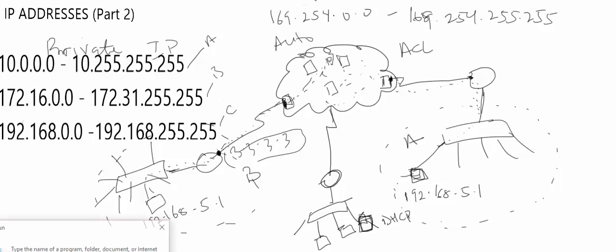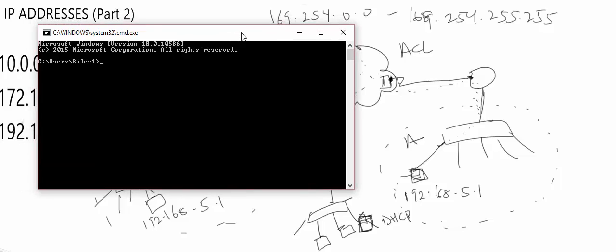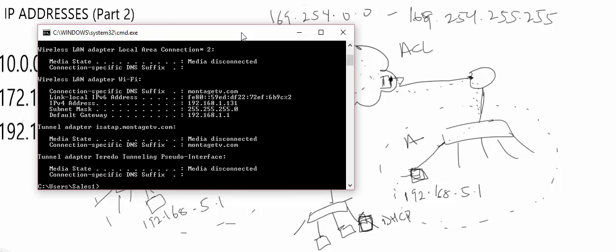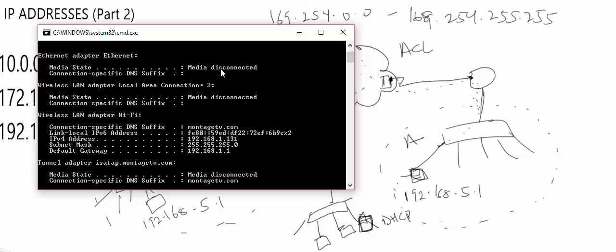Auto assign. Let's confirm if my system actually did auto assign itself. I did that for the Ethernet network, but I'm using the Wi-Fi network. So let's do an ipconfig. I have my wireless Ethernet, and nothing is connected to it. If perchance I connect the cable to it right now, it's going to try to connect to a DHCP server, and when it cannot find one, it says media disconnected.